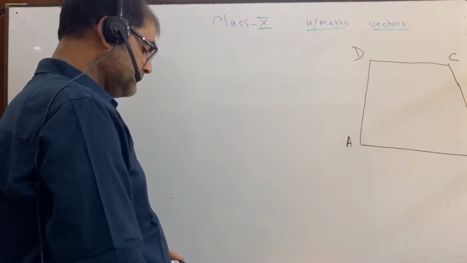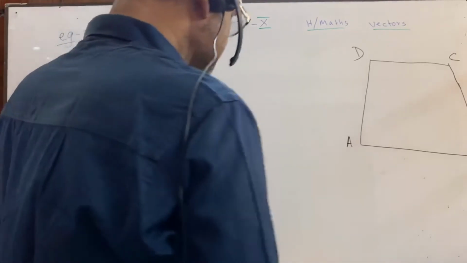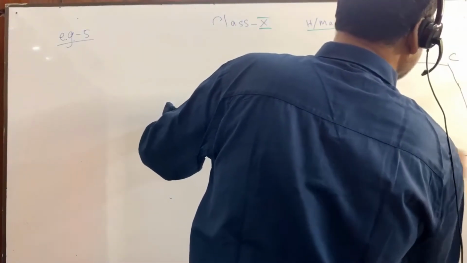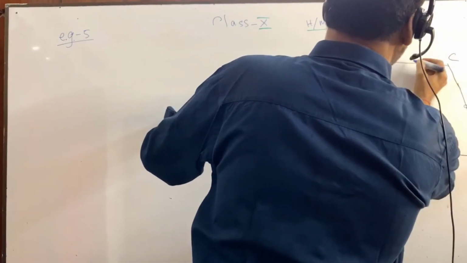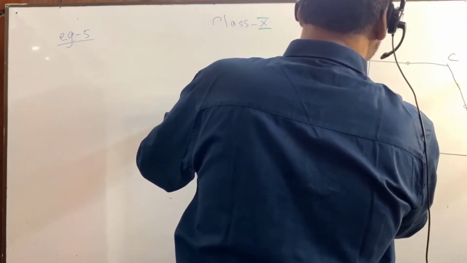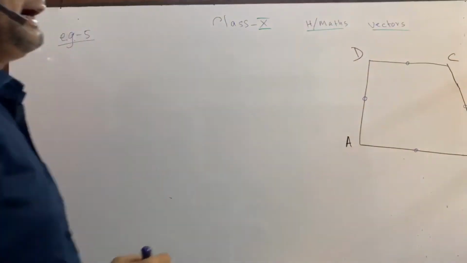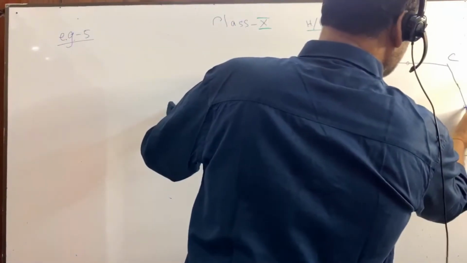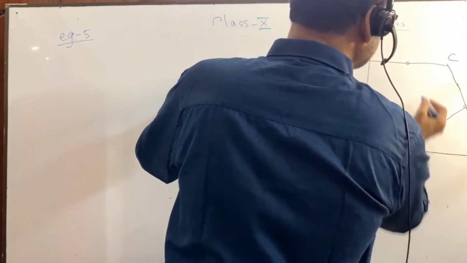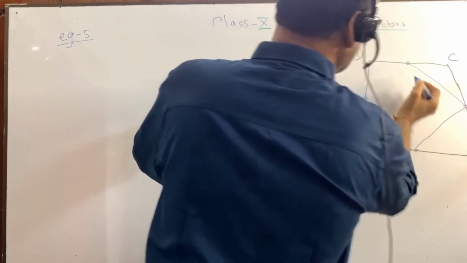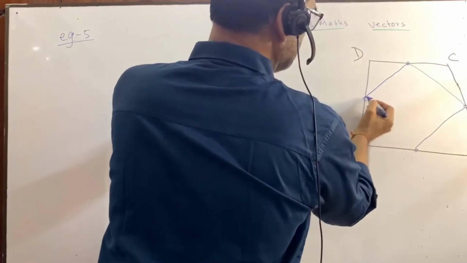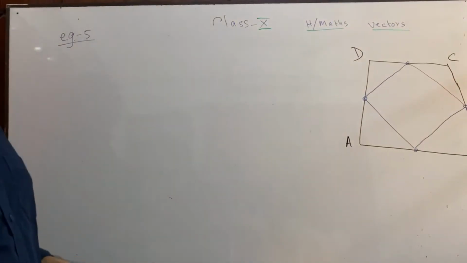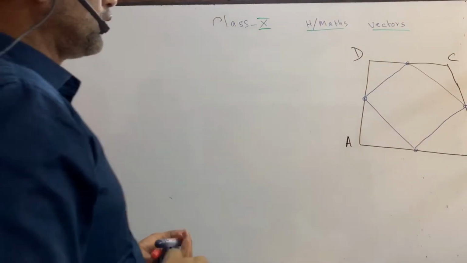Now you see, suppose we take the midpoints here, here, here and here. I have taken the 4 midpoints of the sides, and if we join all these midpoints like this, then we will get a new quadrilateral.